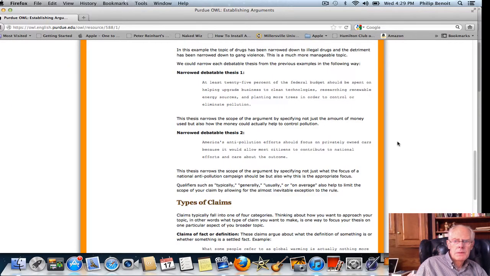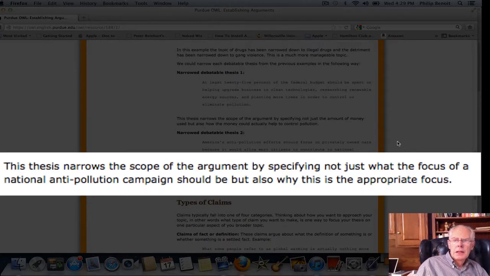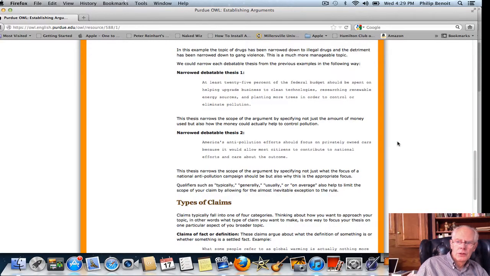So we've got 3 main points that we are going to argue in this particular piece of work as a good way to spend budget to control pollution. It narrows the scope. It allows you to kind of mount arguments and provide evidence in those categories. And it's not just something that says 25% of the money should be used in a general sort of way.